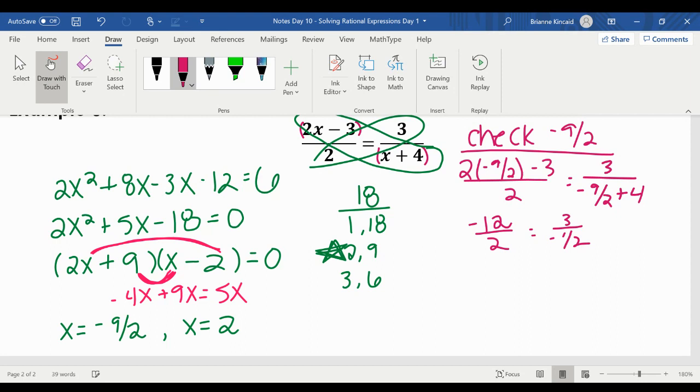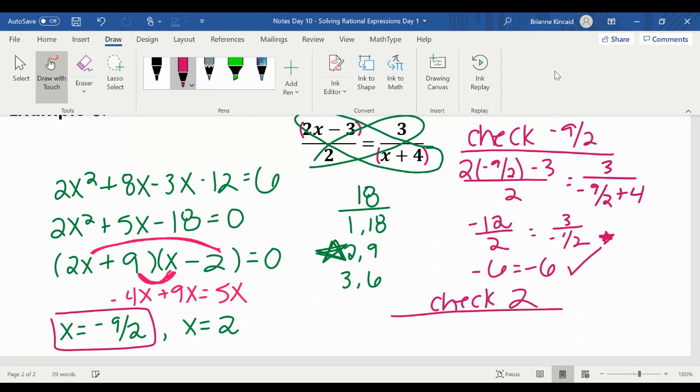Alright, what I'm going to have here, negative 12 divided by 2 is negative 6. Remember, for this step, when you divide by a fraction, you're multiplying by the reciprocal. So 3 times negative 2, which is negative 6. This one works. And then I also want to make sure that I check and see if 2 works.